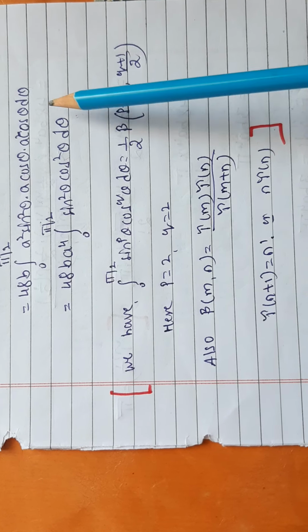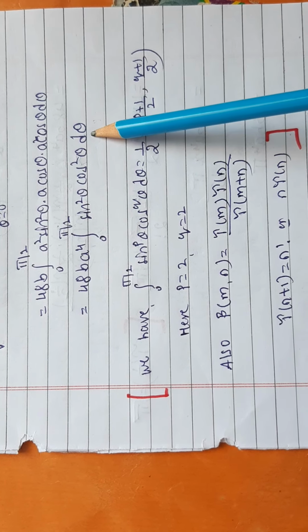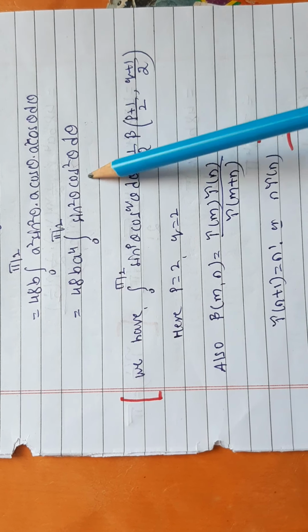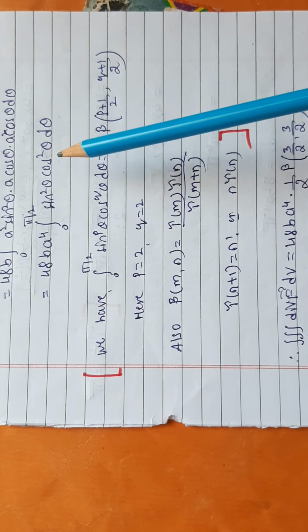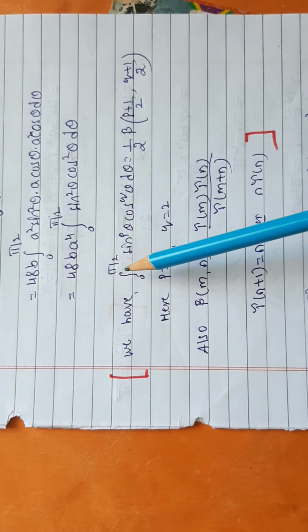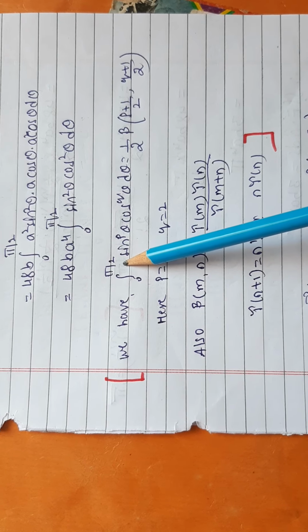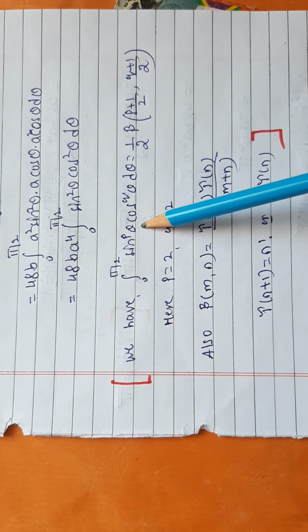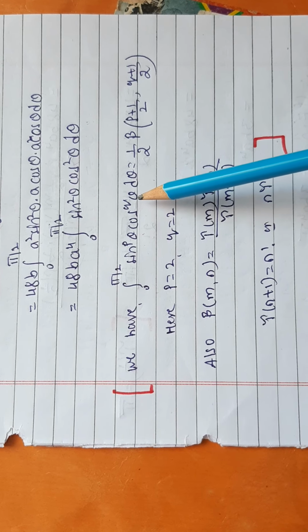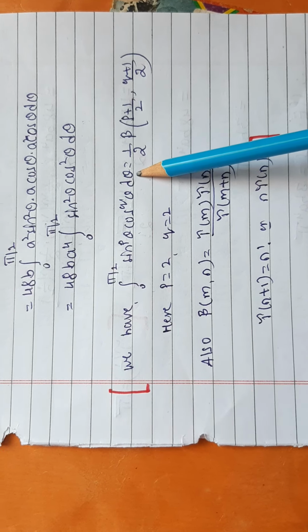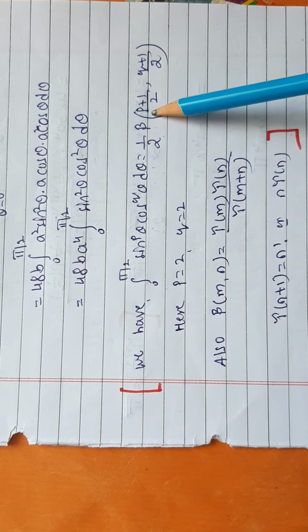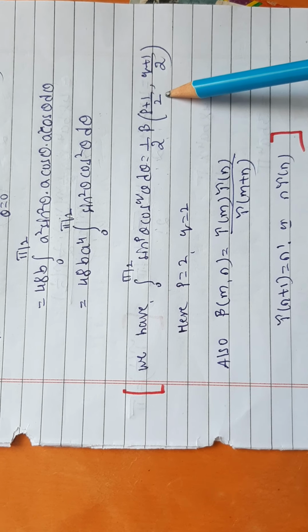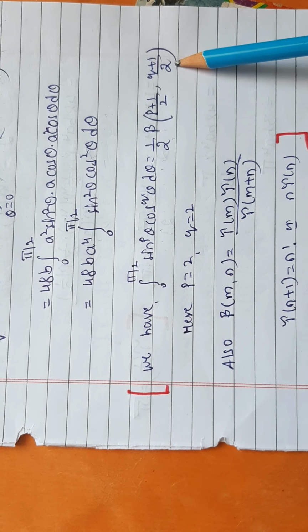Now here we have to evaluate this integral. To evaluate this integral, we use the beta function. This is in the form integration over the limits 0 to pi by 2 sin to the power p theta cos to the power q theta into d theta, that is 1 by 2 beta of p plus 1 divided by 2, q plus 1 divided by 2.